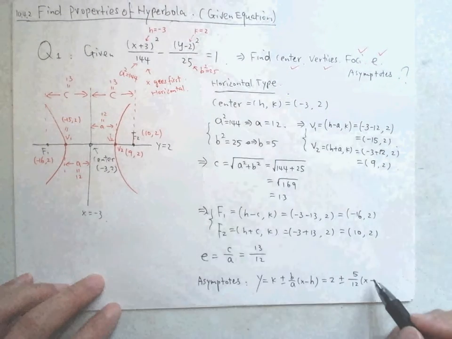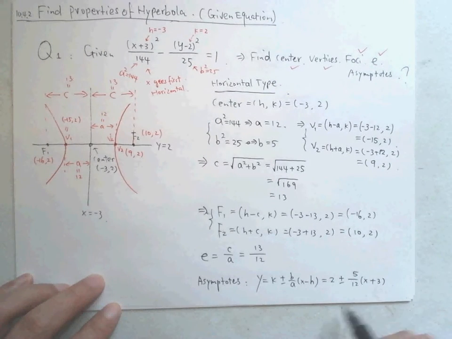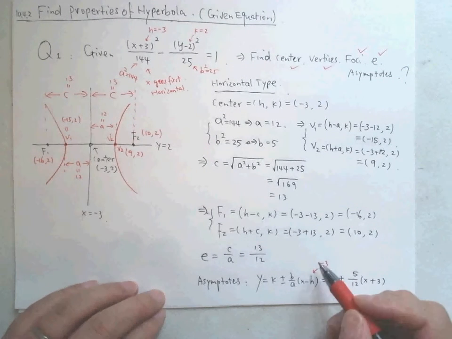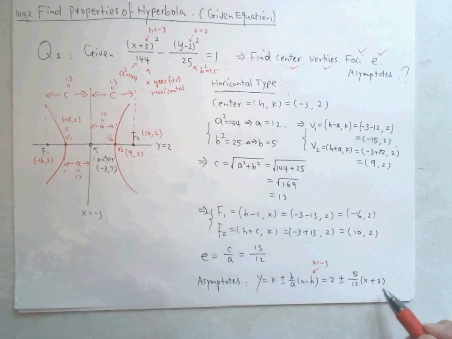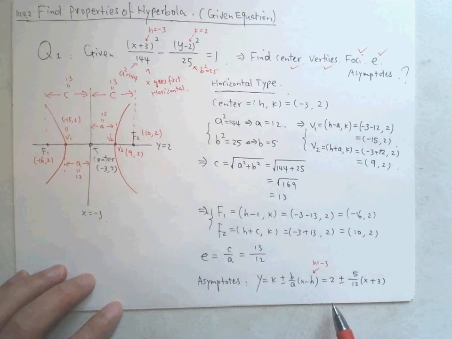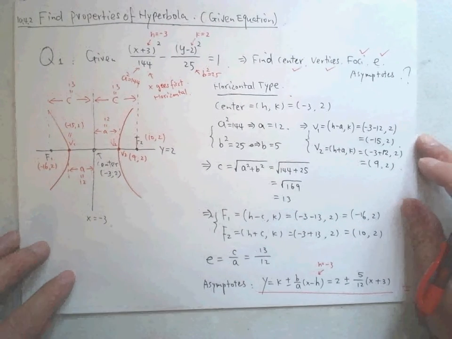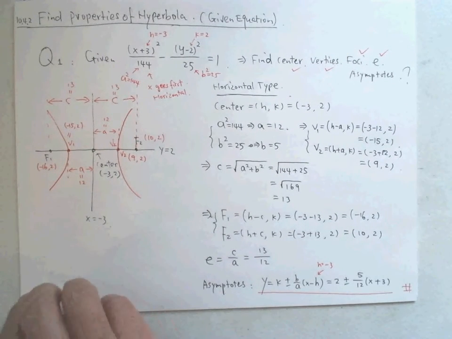Where is h? Negative 3. Keep in mind that here it is plus 3 because h equals negative 3. So we get it. This is the final one. Do you have a question about this?